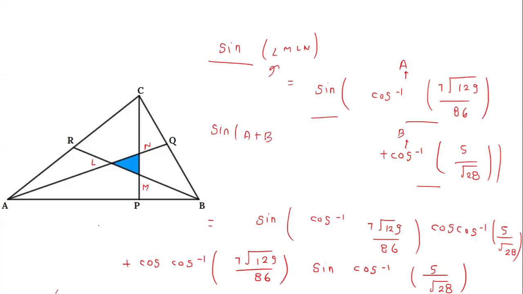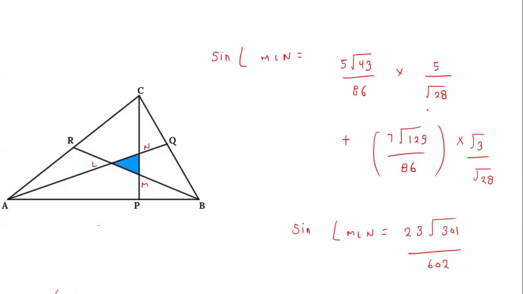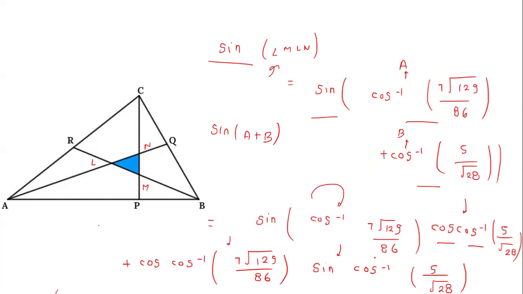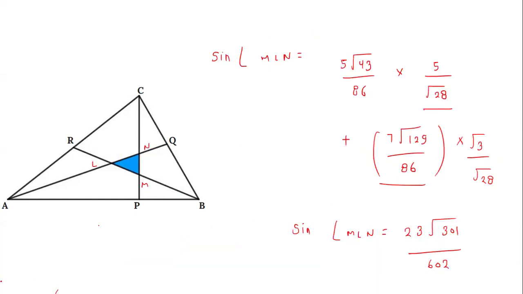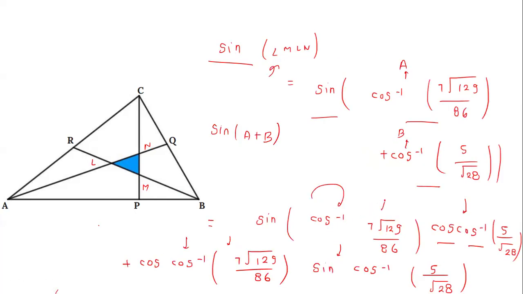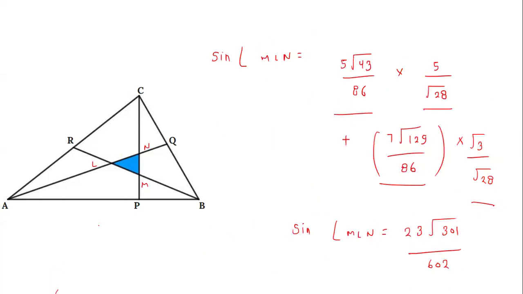It is sine A cos B plus cos A sine B. So now this cos of cos inverse of this is simply 5 by root 28, and cos of cos inverse of this is simply this quantity, and sine of cos inverse of this you can calculate, and sine of cos inverse of this you can also calculate and put those quantities here.